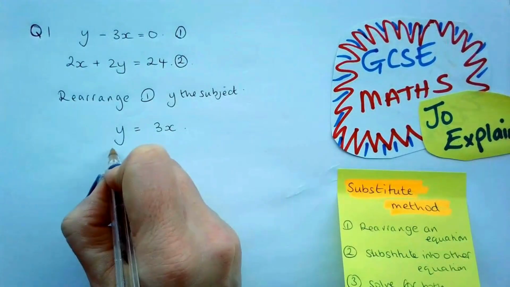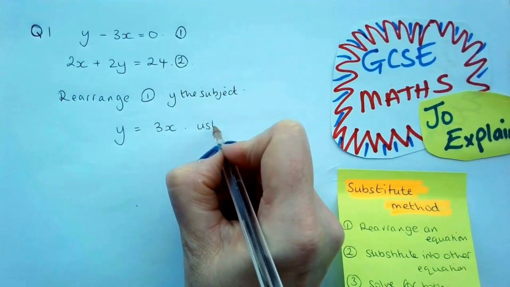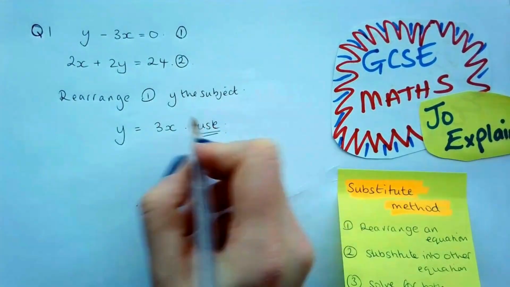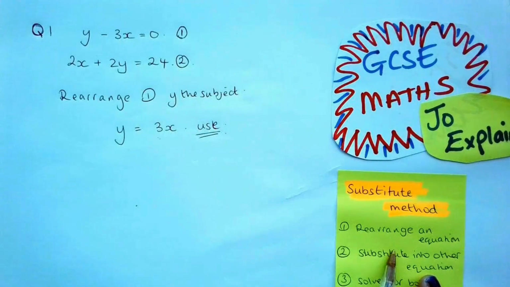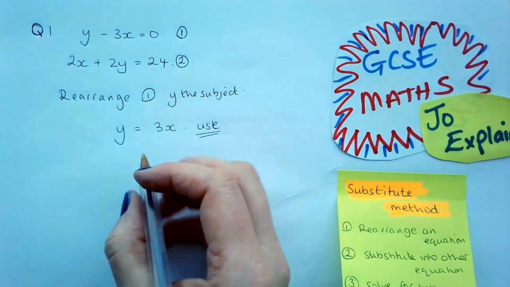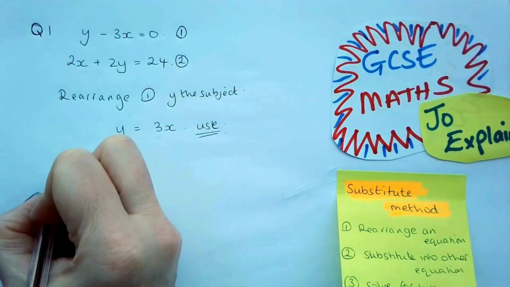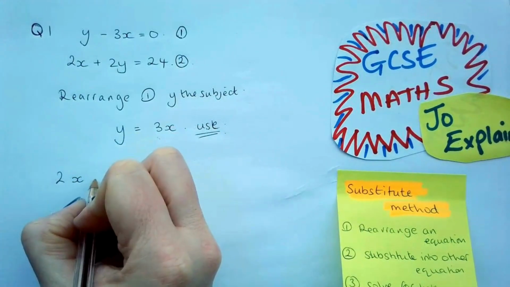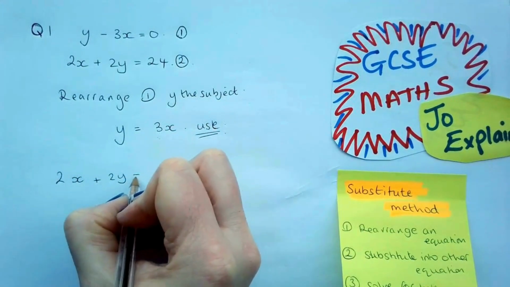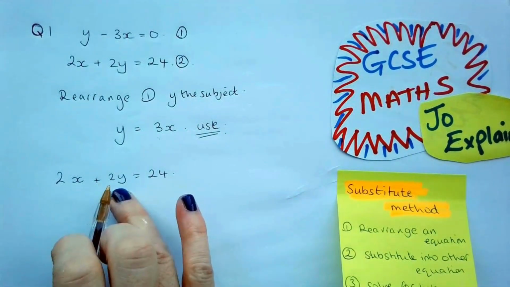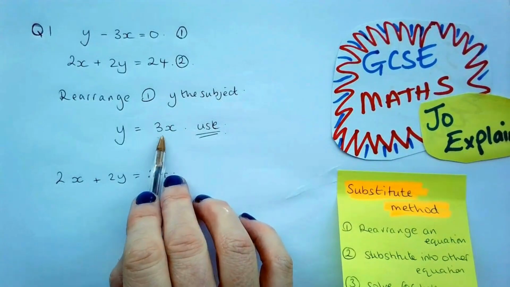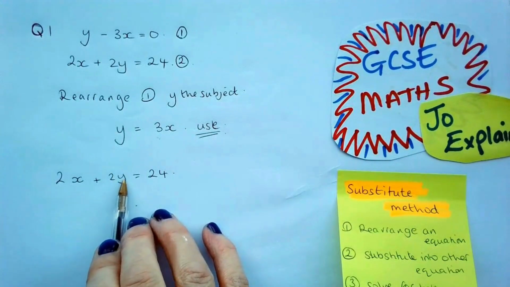So I'm going to use this equation that I've rearranged now to substitute into the other equation. So I'm just going to take the second equation, write it out again. Okay, and I'm going to substitute that rearranged version into here.